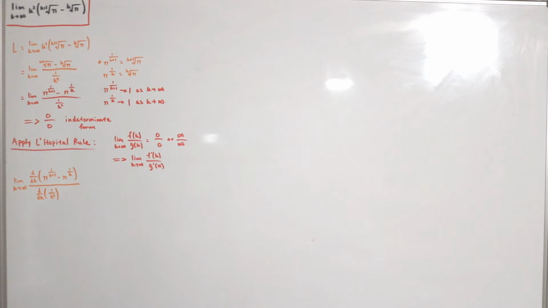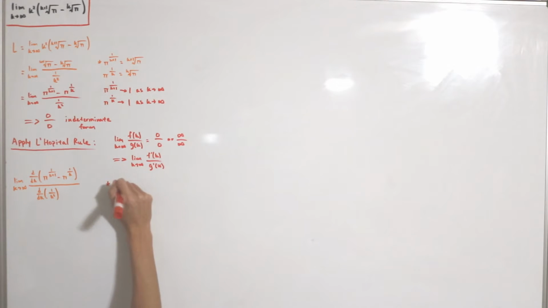Now pi to the power 1 over k plus 1 and pi to the power 1 over k, we can rewrite in terms of natural logs, really with the base of e. I'll put a star over here.